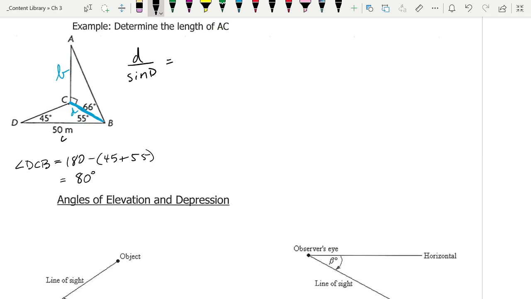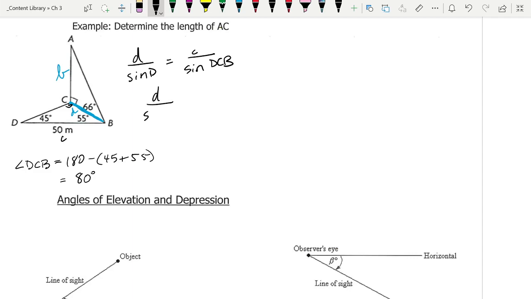So little d over sine of angle D, there's no doubt as to which one is angle D, is going to be the side I called little c over the sine of DCB, the angle I just figured out, which is 80 degrees. Let's put in the numbers.